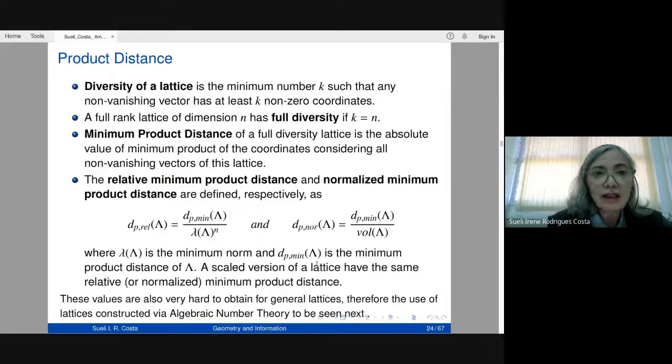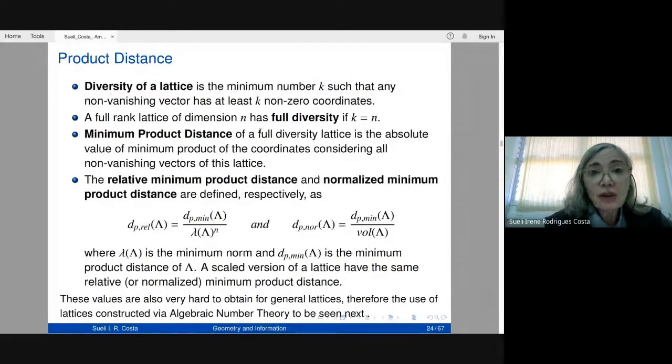But I skip this, many topics. The product distance is not a distance, but it's a number which is important when you have Rayleigh lattices, which have vanishing properties, when you have communication through Rayleigh channels.